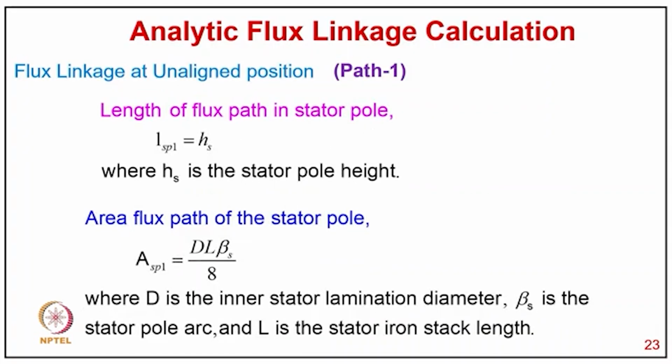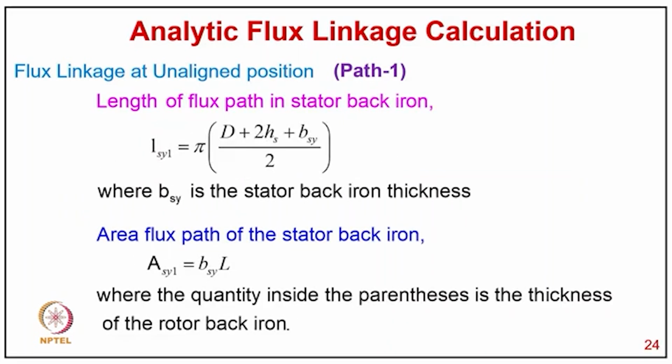where the quantity inside the parenthesis is the thickness of the rotor back iron. Now the length of the flux path in the stator pole is Lsp1 equal to Hs, where Hs is the stator pole height, and the area of the flux path in the stator pole is Asp1 equal to pi d l bs upon 8, where d is the inner stator lamination diameter, bs is the stator pole arc, and L is the stator iron stack length.